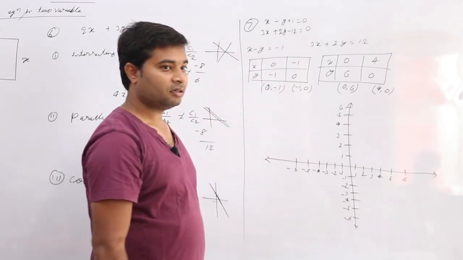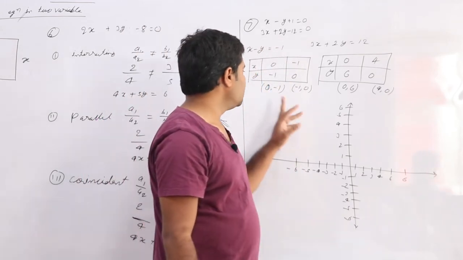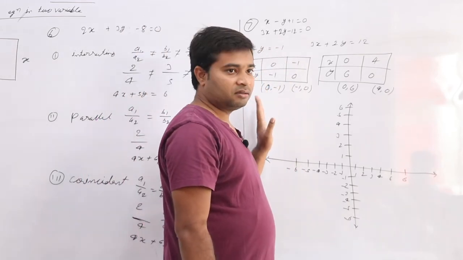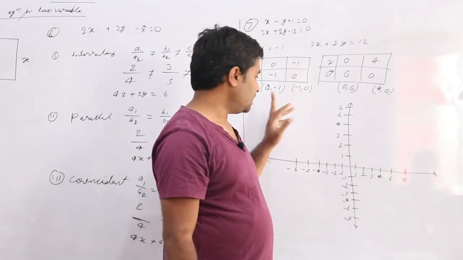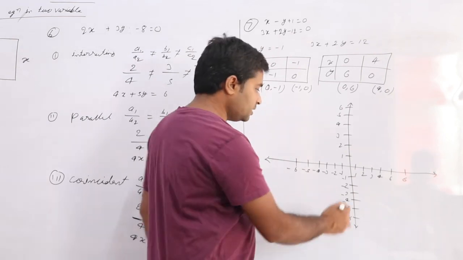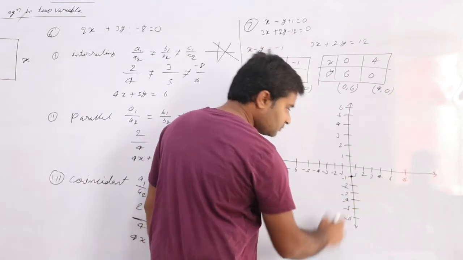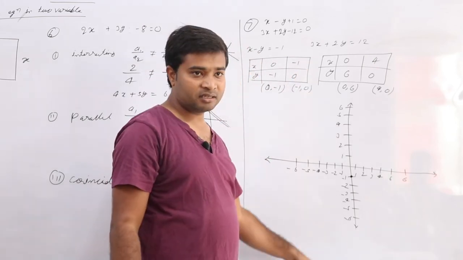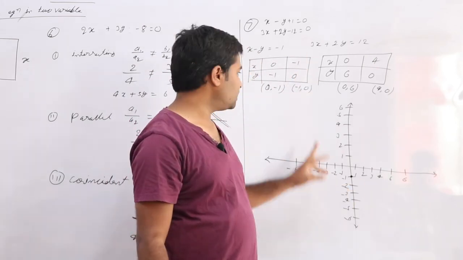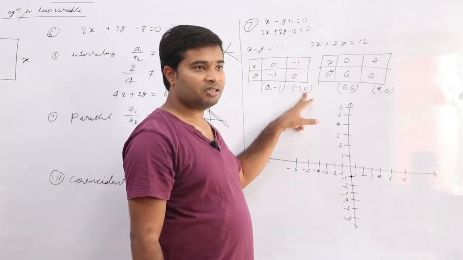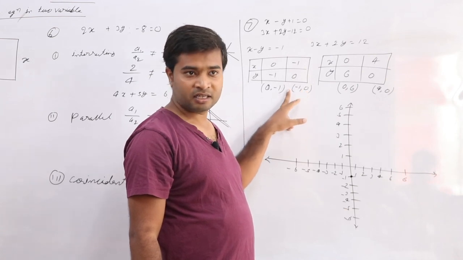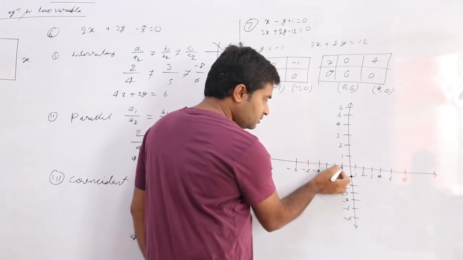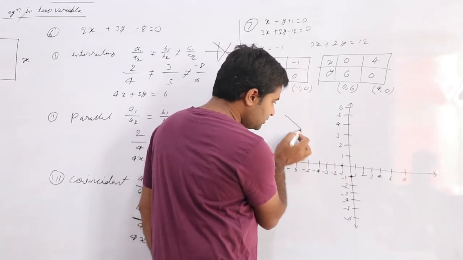Correct? Yes or no? Yes, sir. Next, 0 comma minus 1. x is equal to 0, y is equal to minus 1, this point. x is equal to minus 1, y is equal to 0, this point. So mark it.